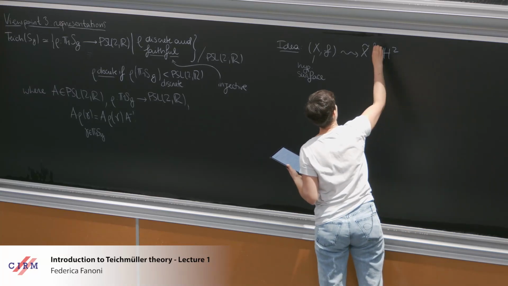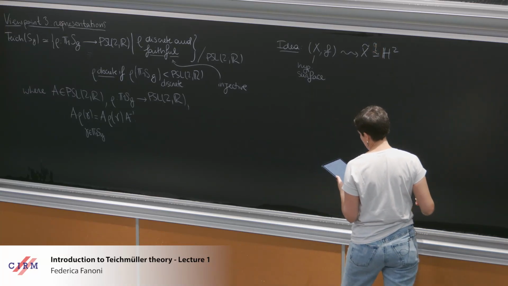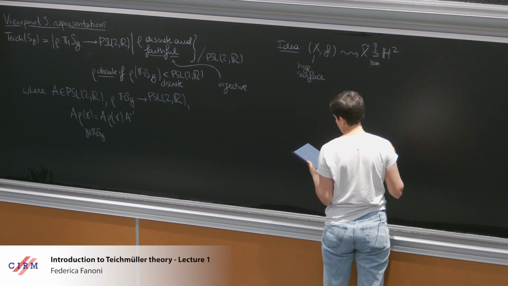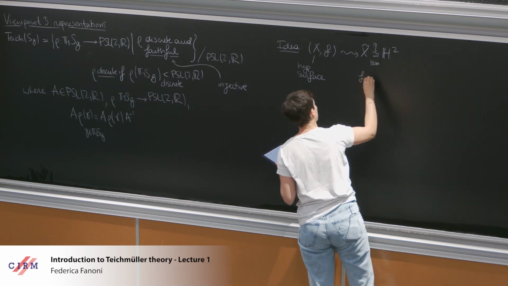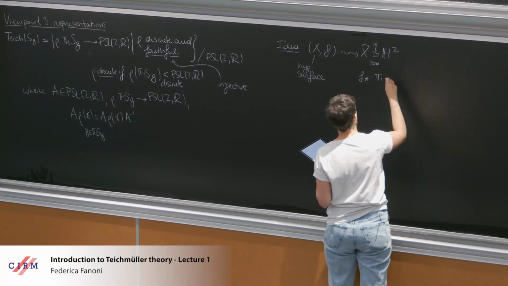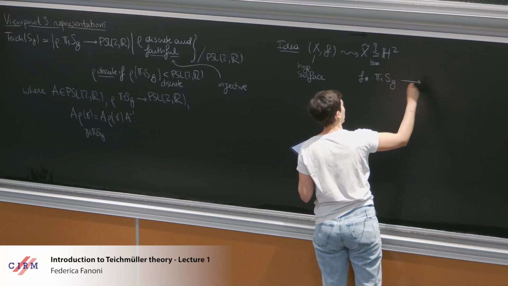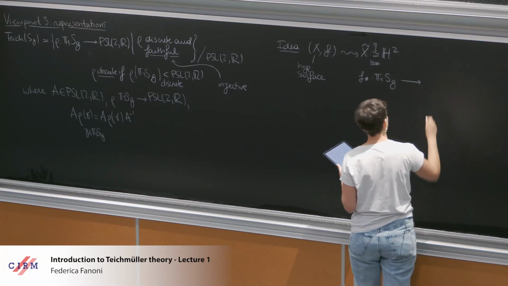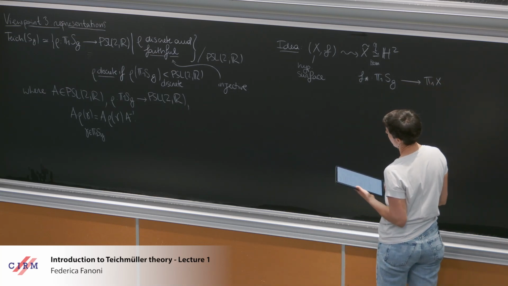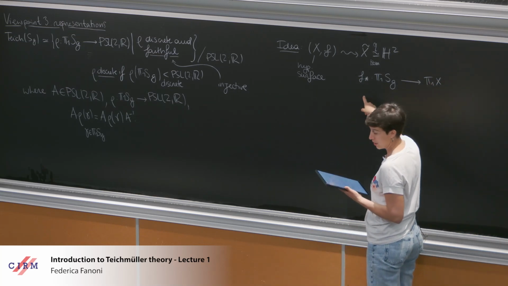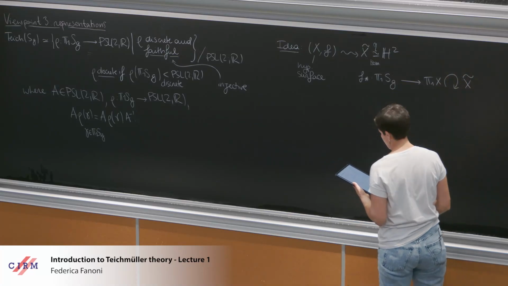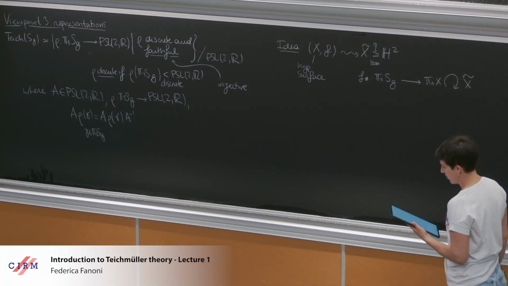So there's some identification there, and this is an isometry. And then I have a map at the fundamental group level between the fundamental group of S_g and the fundamental group of the surface, which is induced by the marking. Now this one acts on X tilde by isometries.